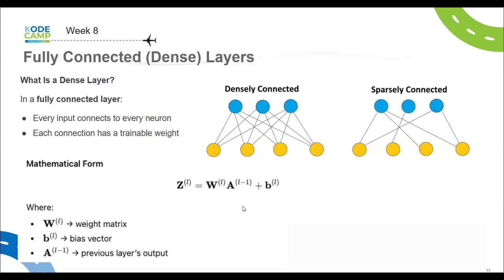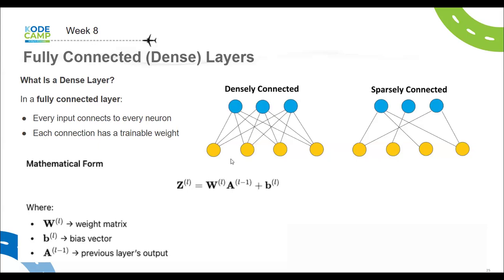So the mathematical form: this superscript here represents the layer. You see something like Z^L, Z for the current layer, equals the weight for the current layer, W^L, times A, where A is the output of the previous layer, so you can see this L minus 1. It's the output, or the activation, from the previous layer.